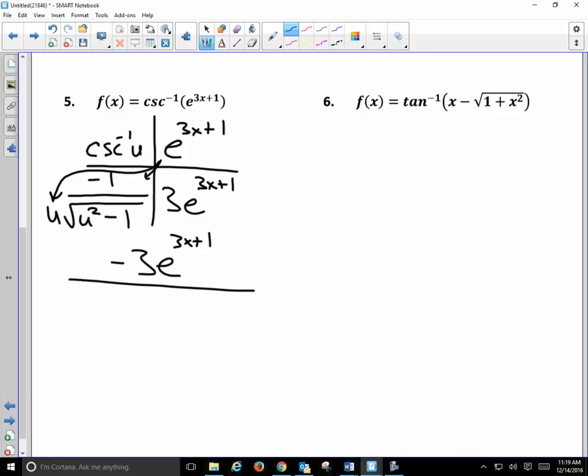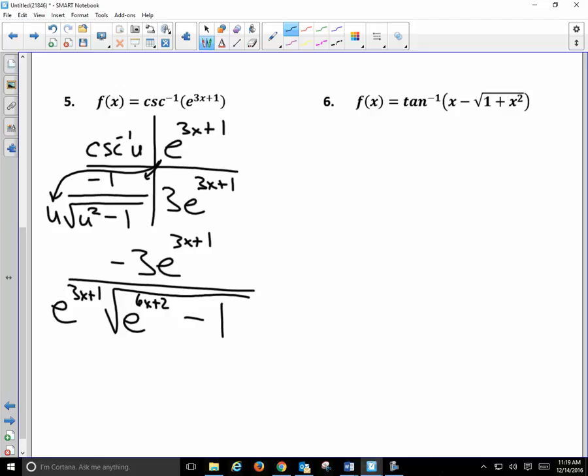Wherever I have a u, that's where the e to the 3x plus 1 goes. If I take e to the 3x plus 1 and I square it, what do I get? What's the new exponent? 6x plus 2. So e to the 6x plus 2 minus 1.